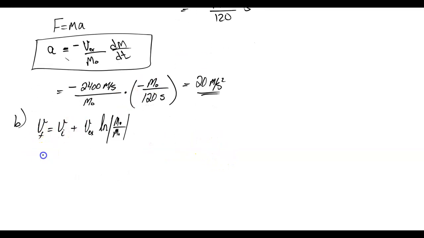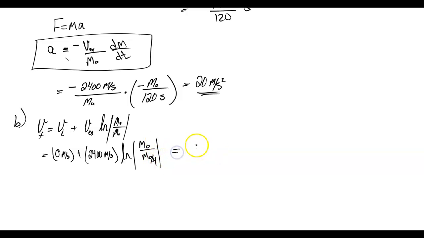At the beginning of the 90 seconds, the rocket is not moving, so this is 0 meters per second. We know it's going at 2400 meters per second. And then the natural log of, we're told that we have now M is a fourth of what the original mass was.